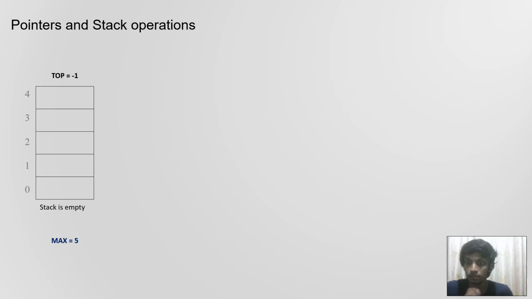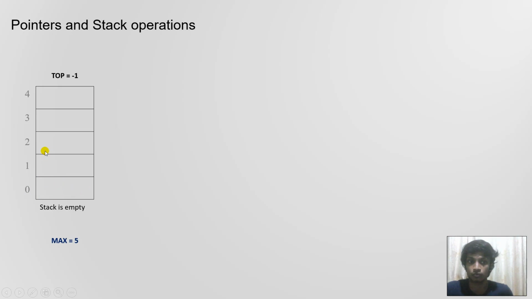Now imagine our top is 0. What does top 0 mean? Now the top is considered to be this space. Is it empty? No, because top being 0 means it contains an element.